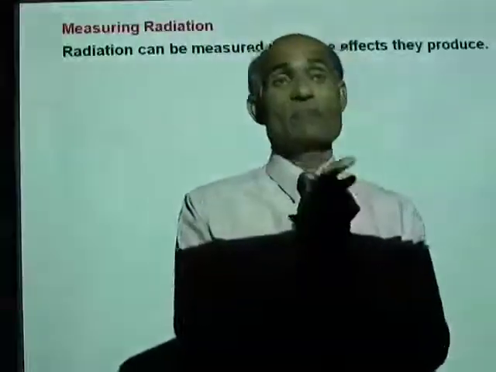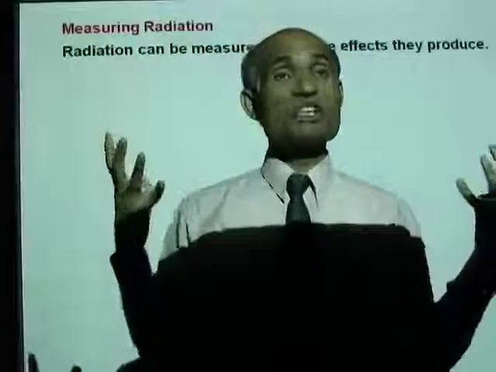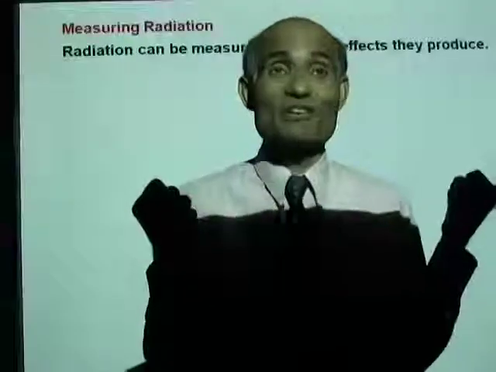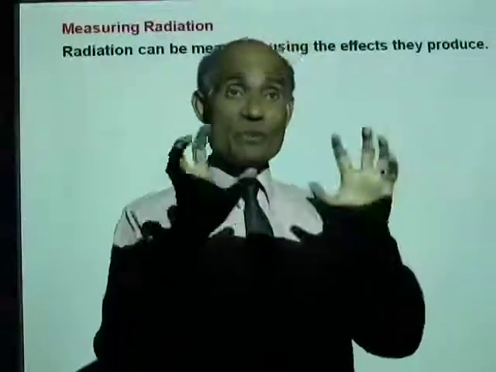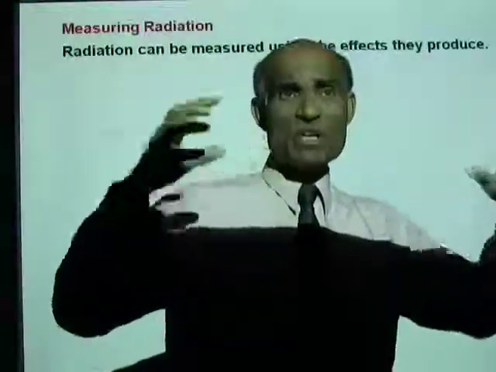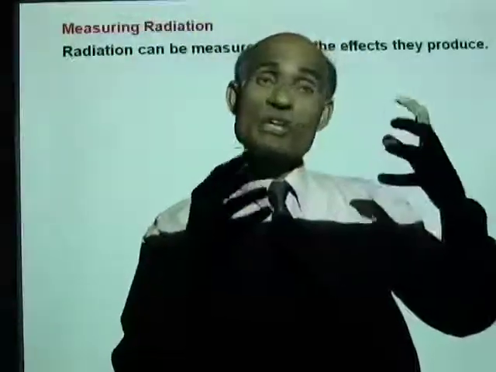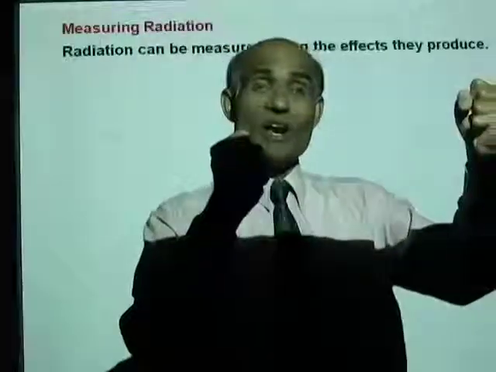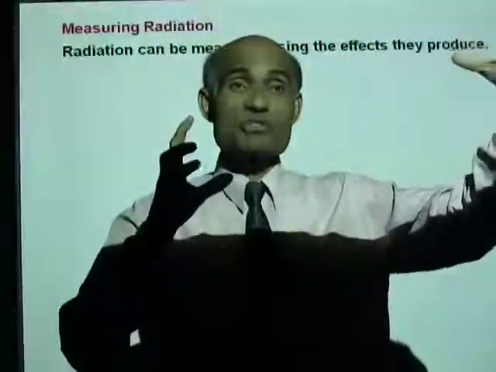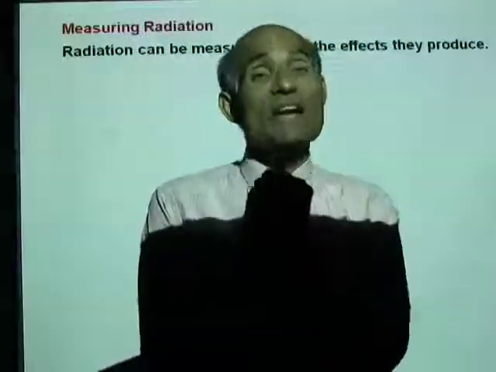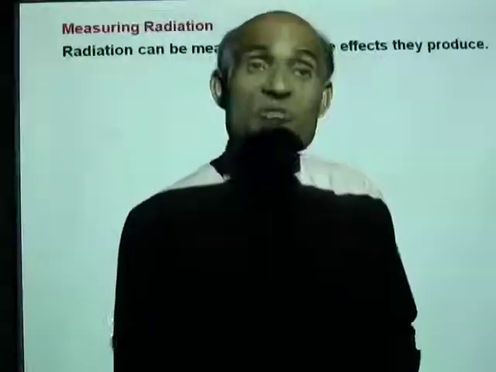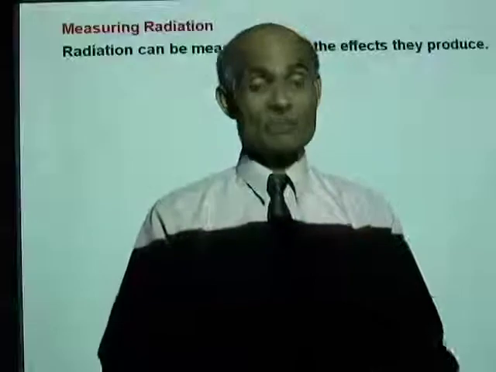Normally, air around us is not a conductor because air doesn't contain free electric charges. But if radiation is passed through air, those radiations can create ions. And when ions are generated in air, there are free charges. That means air can be made electrically conducting. So this is one way to detect the presence of radiations.